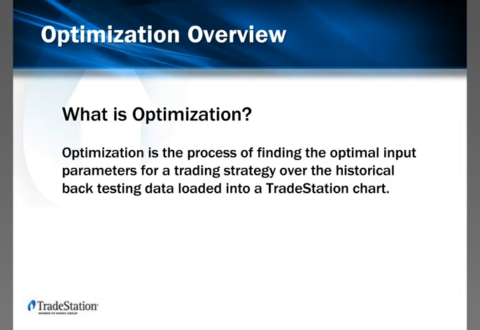It tells us what are the best parameters for the data set that's in the chart. What makes it negative is if you think that those parameters are going to work moving forward exactly like they did historically. And so we're going to talk a lot about that relationship between the historically optimized inputs and what's going to happen moving forward.